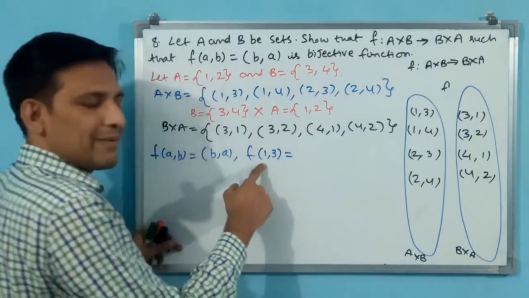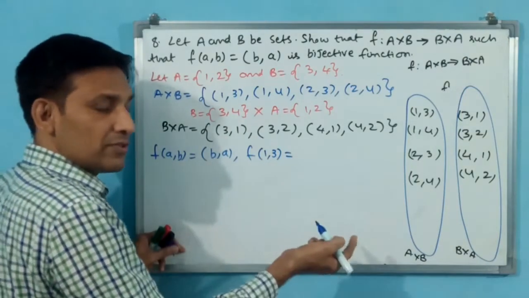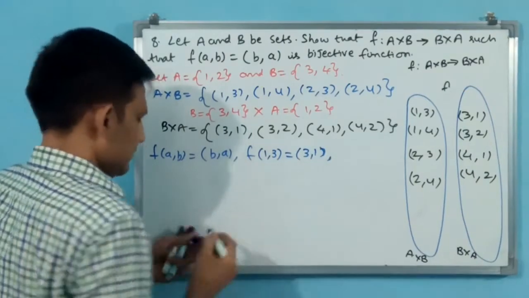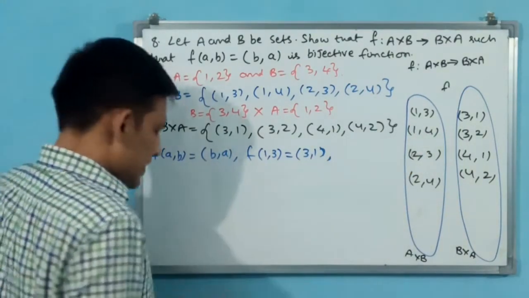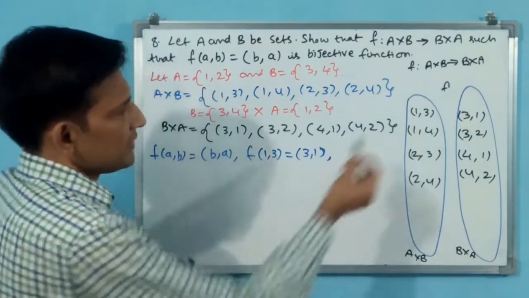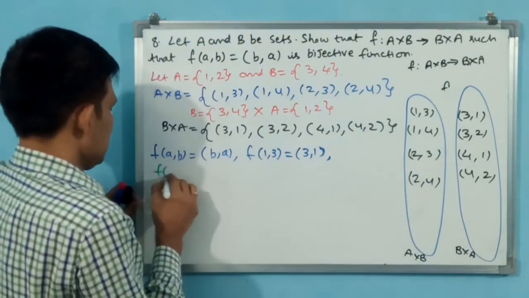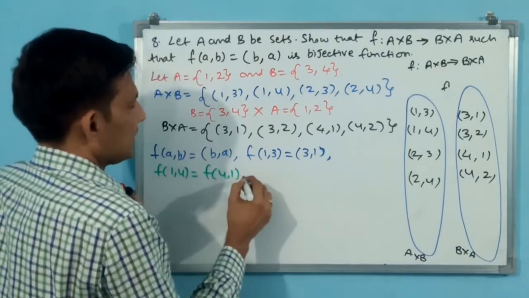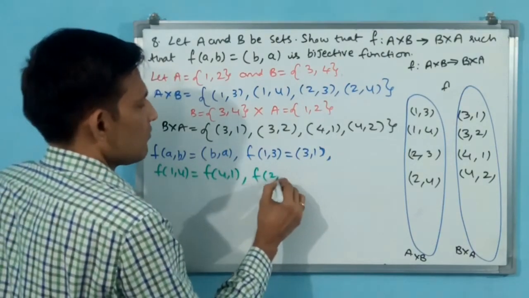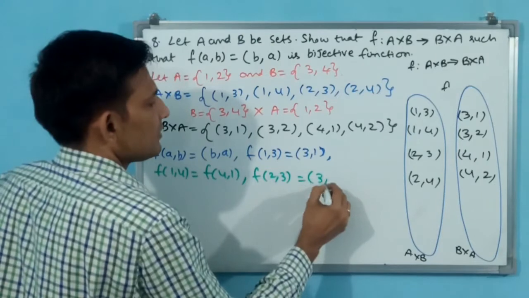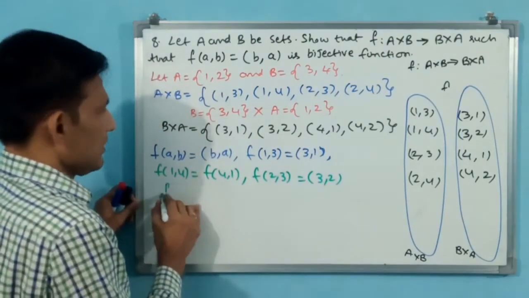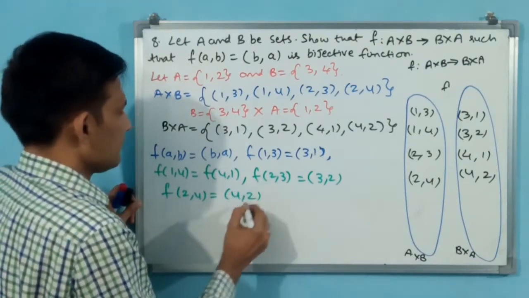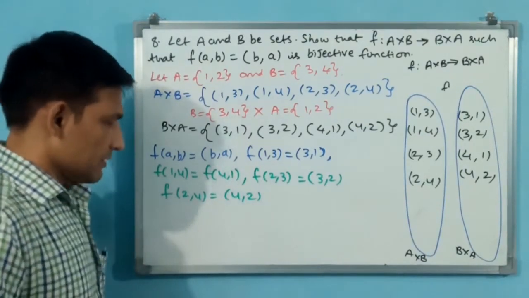That means if you give (1, 3), then (3, 1) will come out. Now you go for the remaining also. f of (1, 4) is equal to (4, 1), f of (2, 3) is equal to (3, 2), f of (2, 4) is equal to (4, 2).